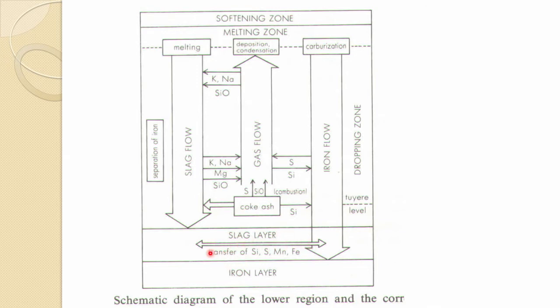Then the transfer of silicon, sulfur, manganese, iron occurs at the interface, or when the iron droplets are travelling through the slag layer, at that time the transfer of these species occurs. So, we would be talking now mostly about some of the important reactions, mainly silicon, sulfur, and some manganese.